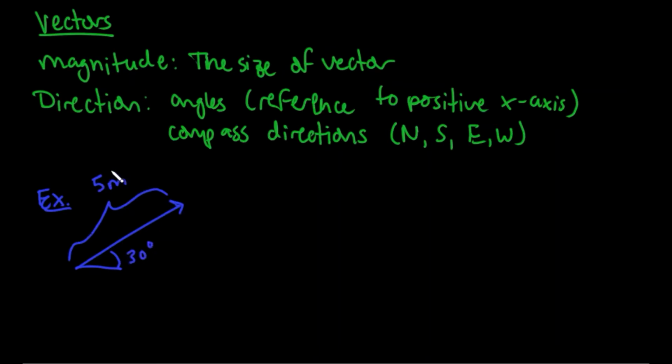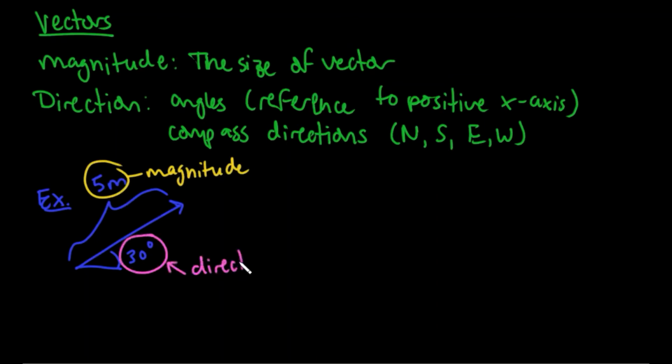So right away, I can identify my magnitude, the size of the vector. This is my magnitude. And I have to include the units there. And this right here is my direction. I can identify that because it has a degree, it's an angle.